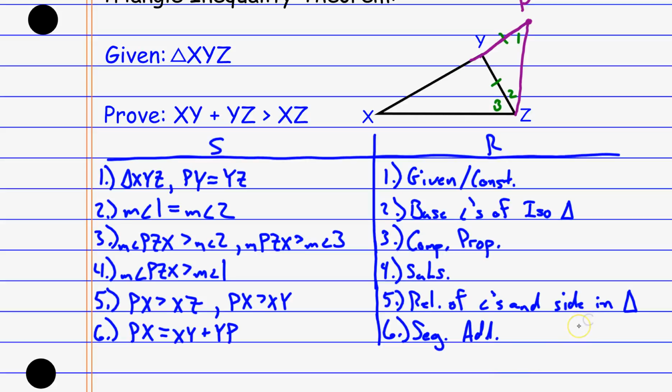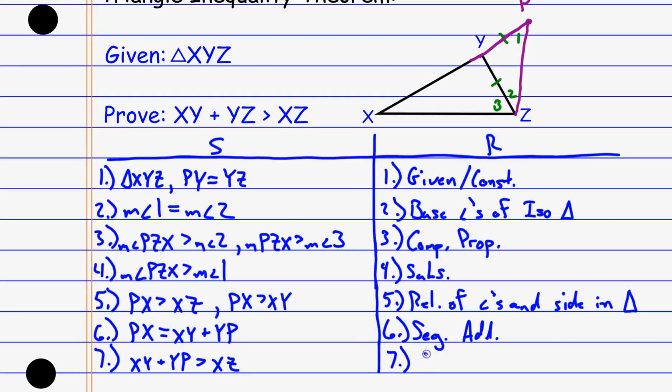And then from there I can do a little bit of substitution. I know right away that PX equals this, so I can plug that in for PX in the previous step: XY plus YP is greater than XZ. Again, I'm just plugging that in right here. And then from there, it's really just one more step of substitution.